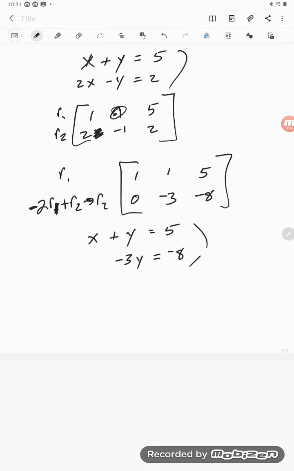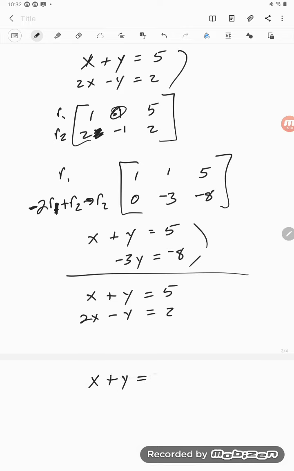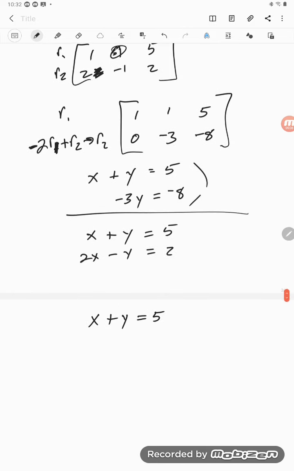So if you want to think about it that way, we had x plus y equals 5 and 2x minus y equals 2. And then what we did was we simply rewrote the first equation, but we subtracted 10 from both sides of the second equation.